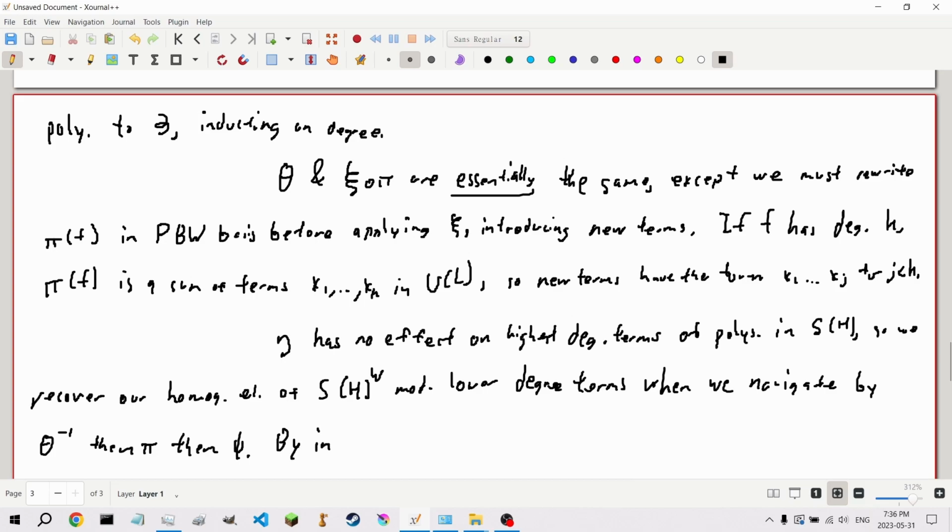By induction, the lower degree terms are images under C of elements of this set.